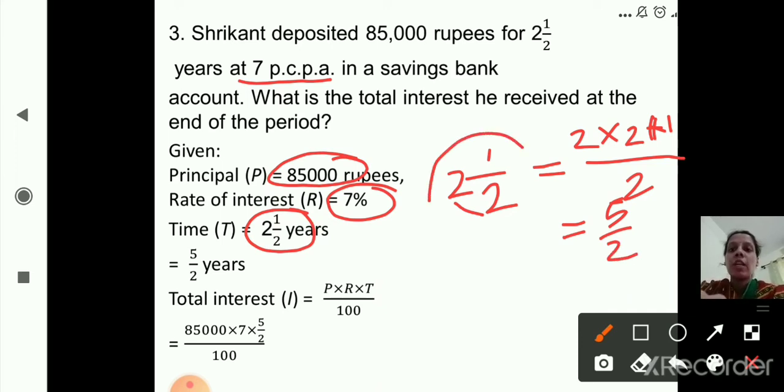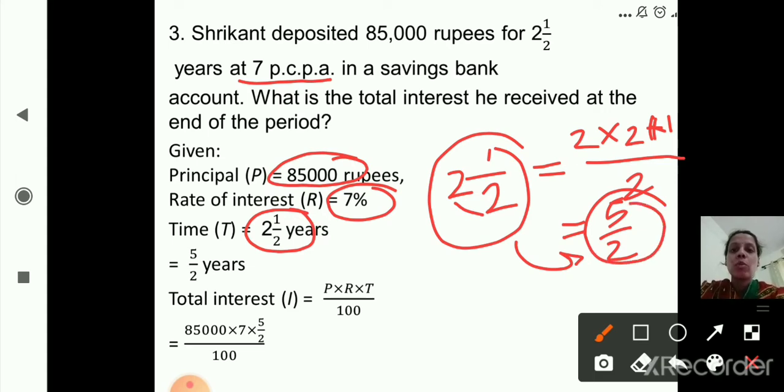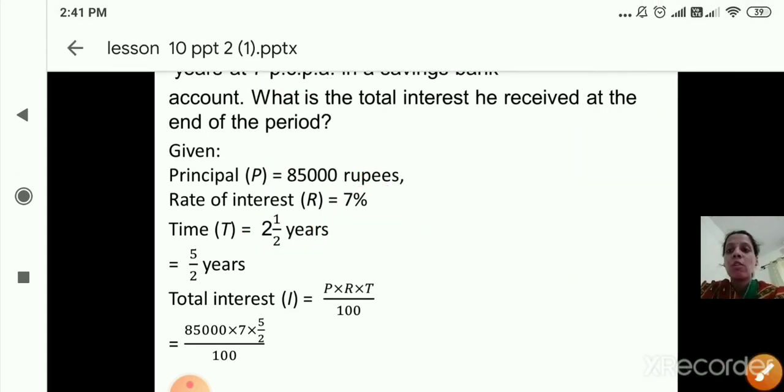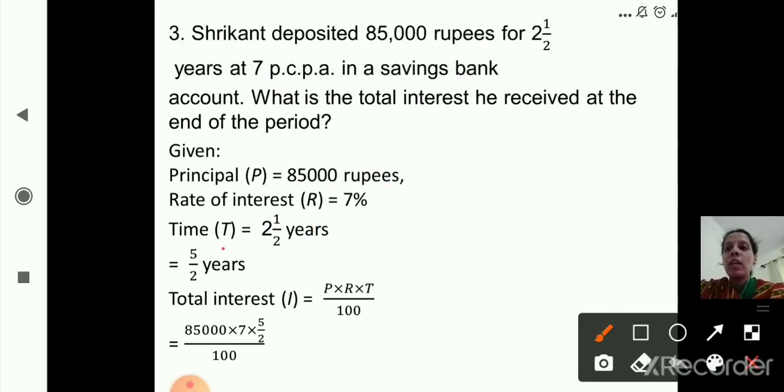So we have converted this mixed fraction into a simple fraction. Now in place of T, we'll take 5 upon 2 years. Now T is equal to 5 upon 2 years.